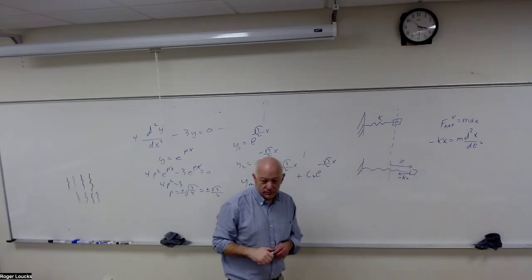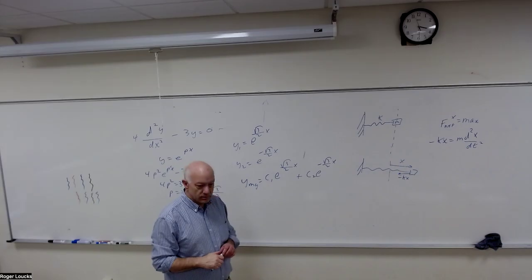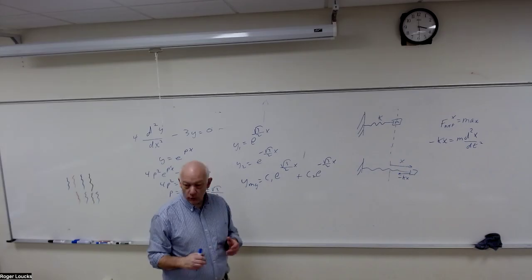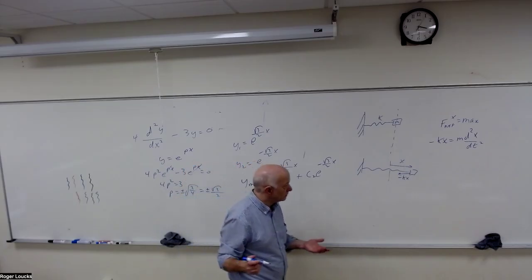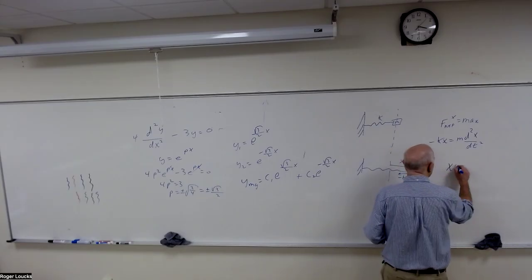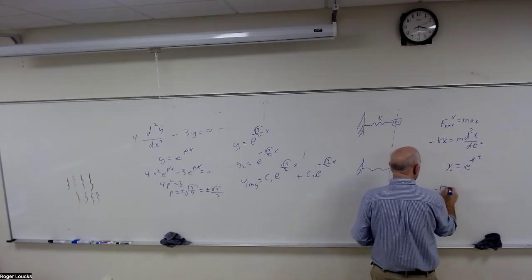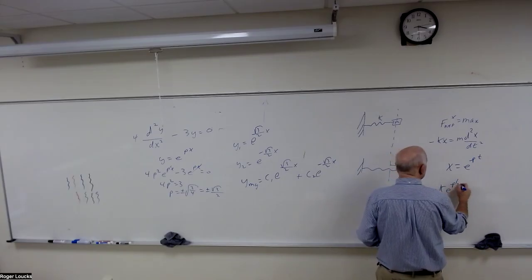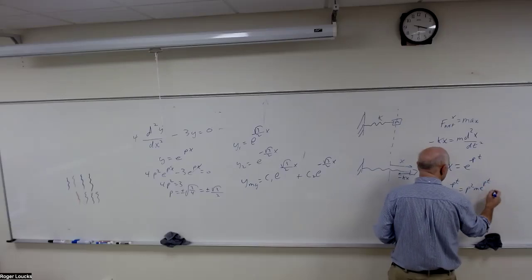How do we solve this? The coefficients are constant, so we assume x equals e to the pt. So this gives us what? This gives us minus k e to the pt plus p squared m e to the pt.